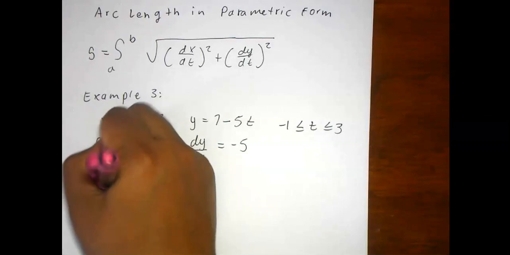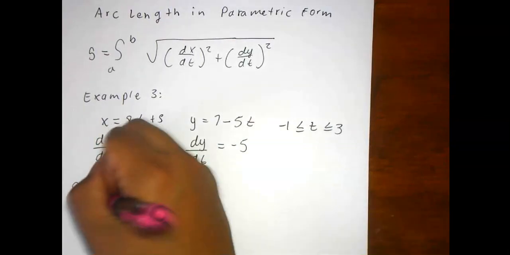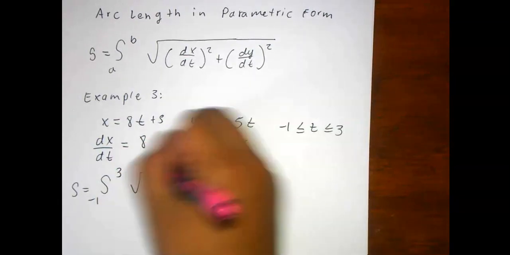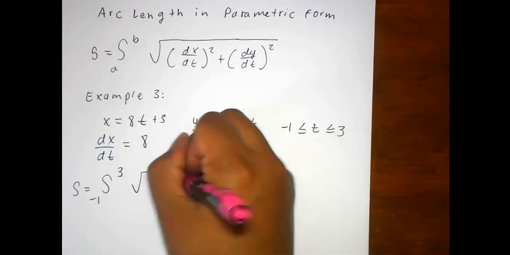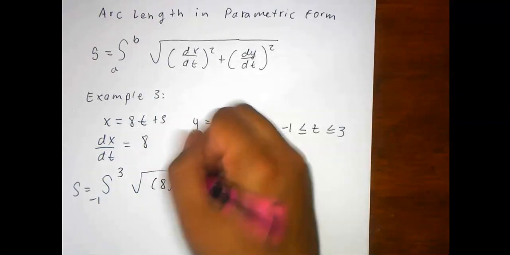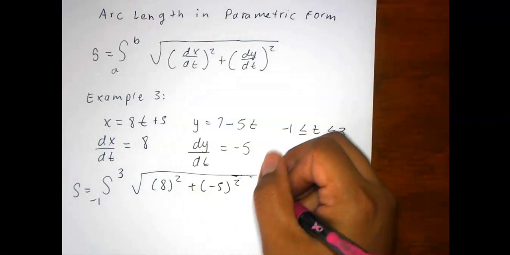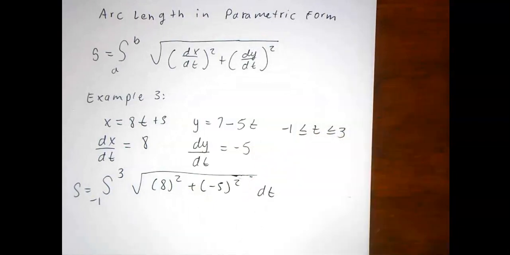S equals the integral from negative 1 to 3 of the square root of 8 squared plus negative 5 squared dt. In this case, there's no t's, right? It's just a number.